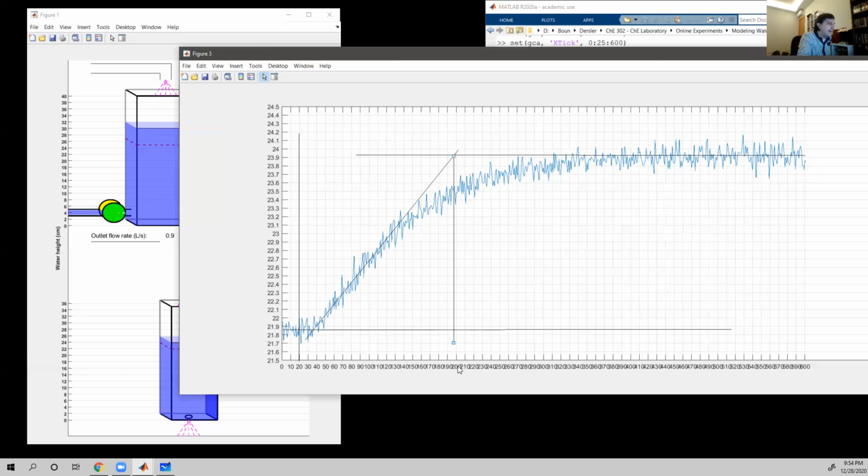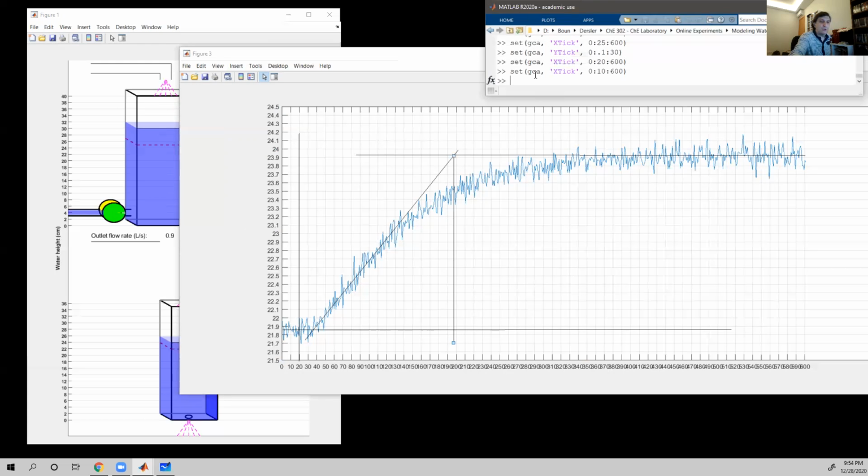All right. And the reading here is going to be a little bit different. I think it's something like 197, I'm sorry, 197 minus 35 is going to be the tau value, which is 160 seconds.